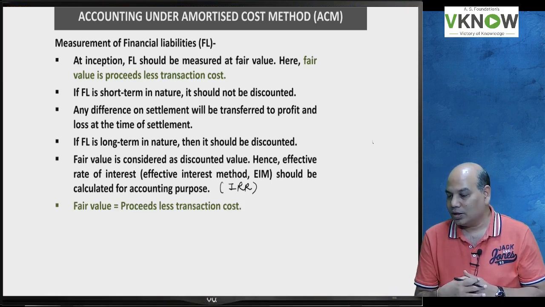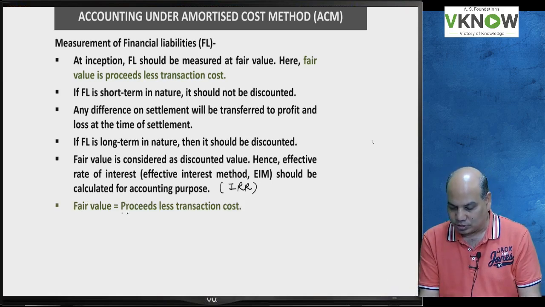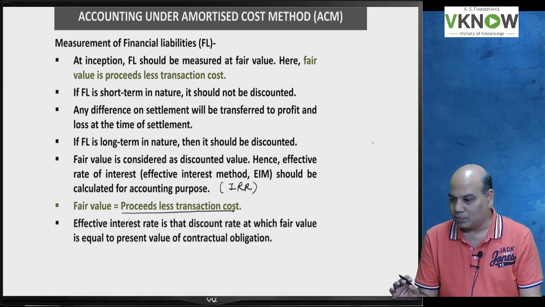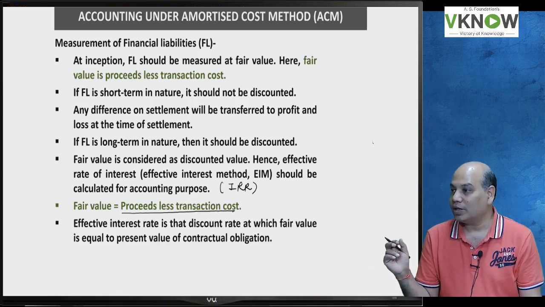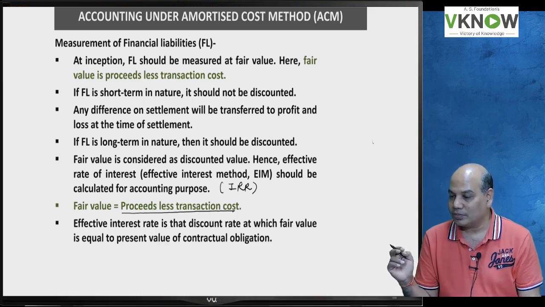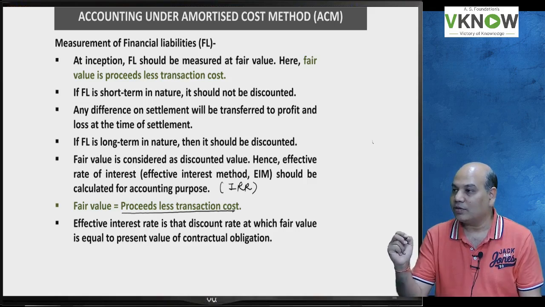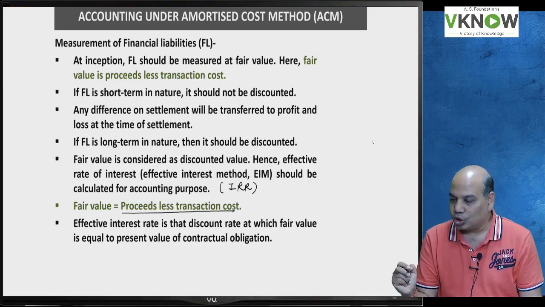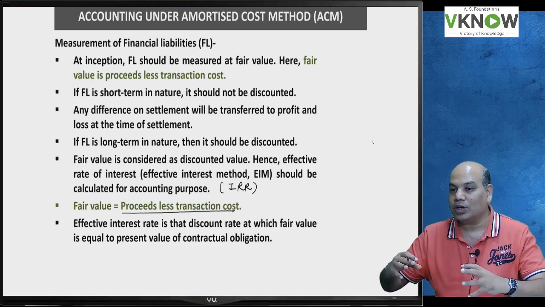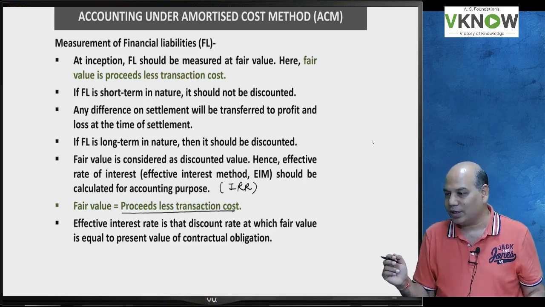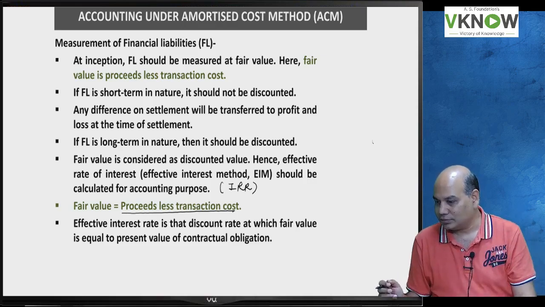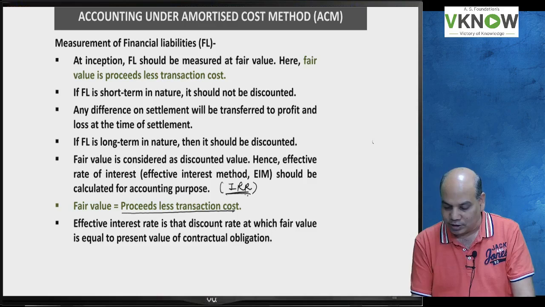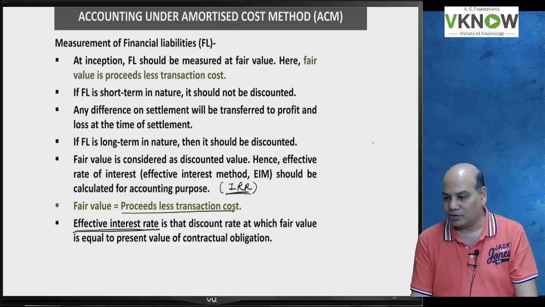Okay. Fair value is proceeds minus transaction cost. And then for the purpose of calculating interest amount, we will not take coupon rate, we will take effective interest rate. We are going to recognize interest expense not based on coupon rate. Coupon is only a repayment of the amount agreed. What we actually incur is the effective interest rate. Based on that effective interest rate, interest expense is recognized.